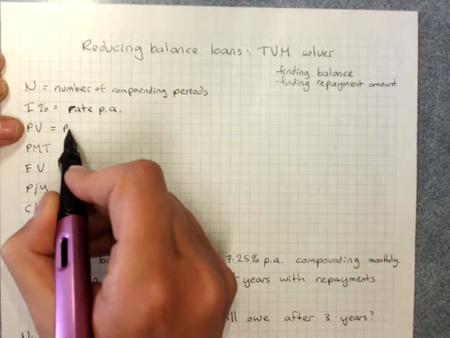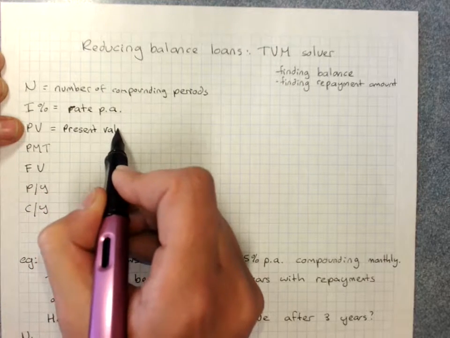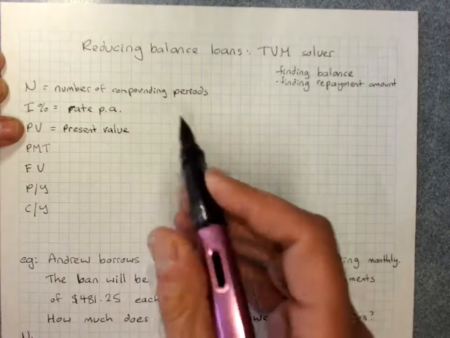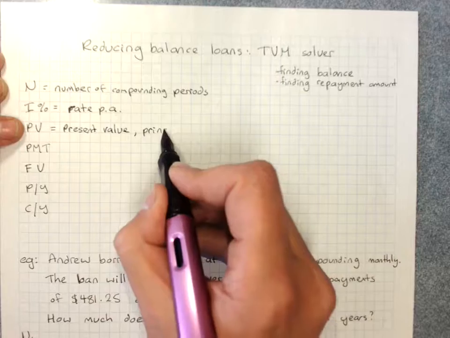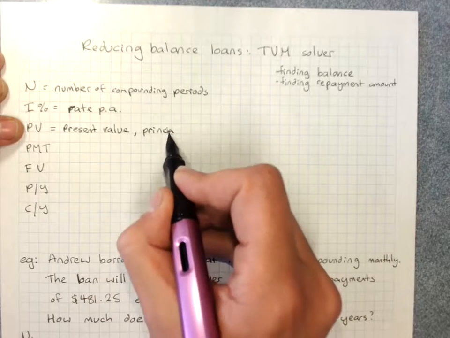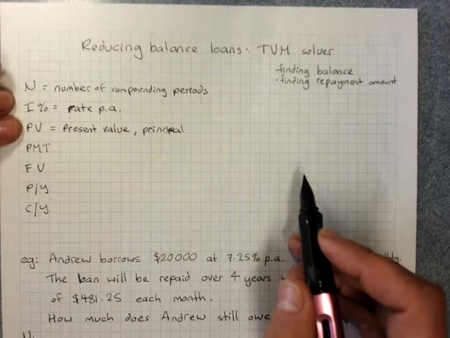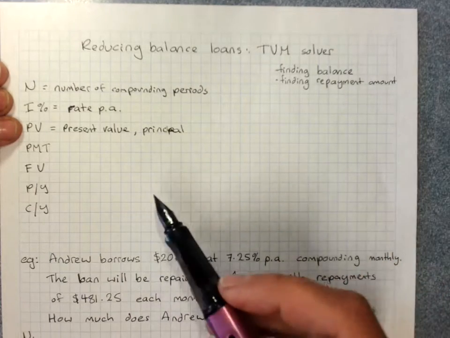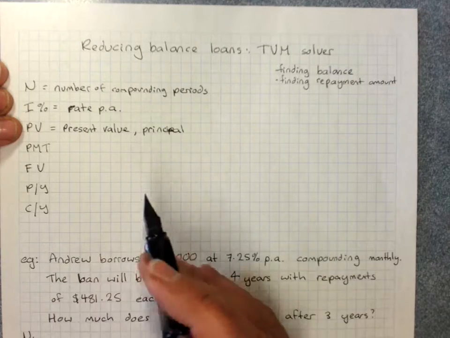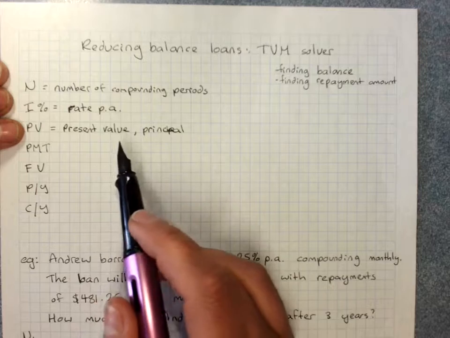Now PV is present value, and if we're ever asked for the principal, or we're given the principal, that will be the PV. So when you're thinking about the loan at the start of the period that you're thinking about, if it's a principal, that's going to go in here.